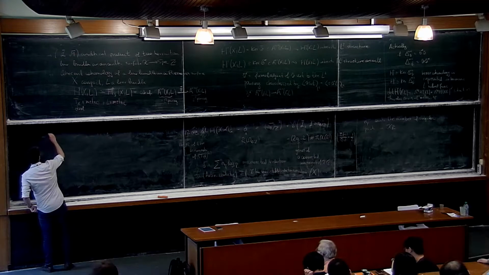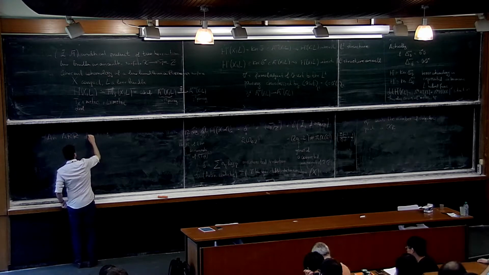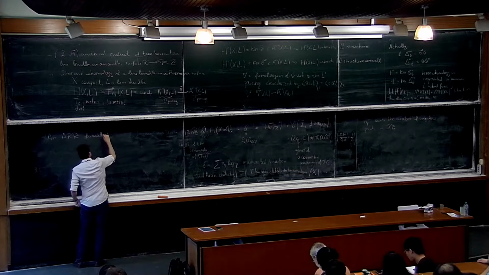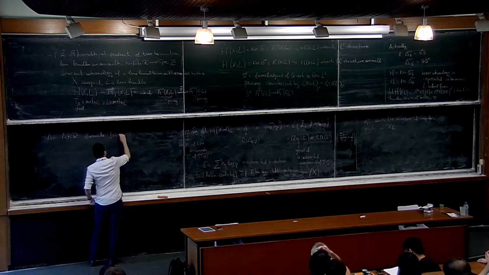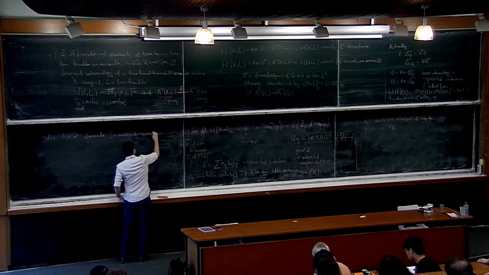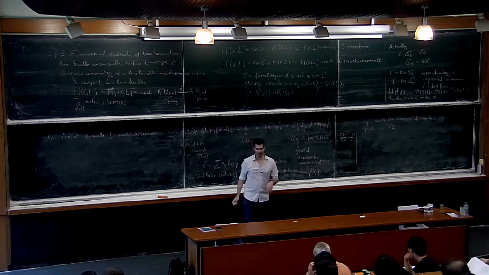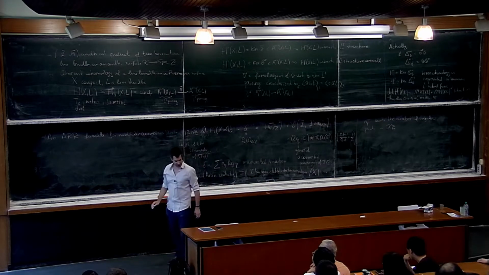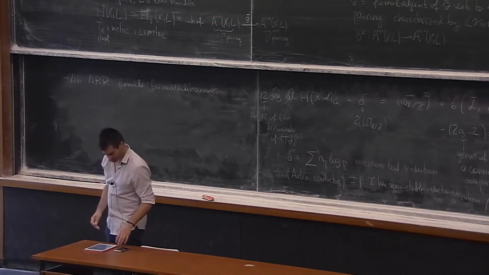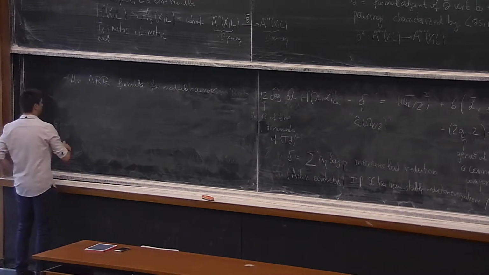So I will call this section an arithmetic Riemann-Roch formula for modular curves. It will apply, as I say, much more generally than for modular curves, but I think that if I call it this way, it's pretty clear what kind of phenomenon I have in mind.